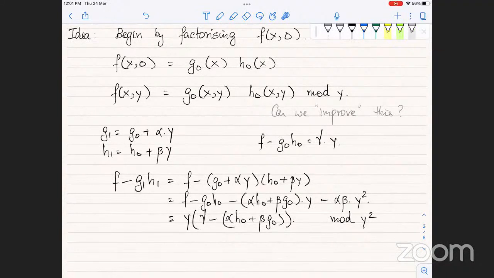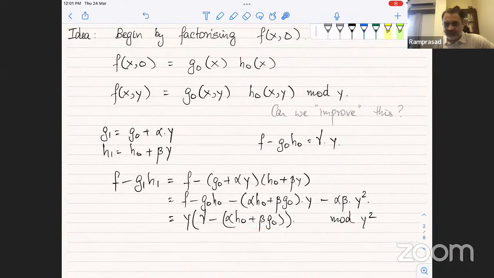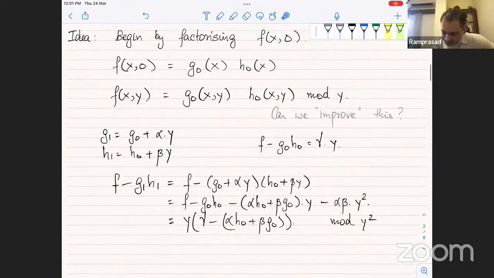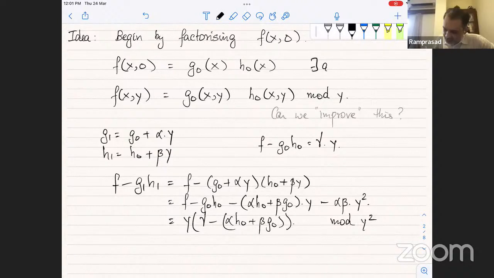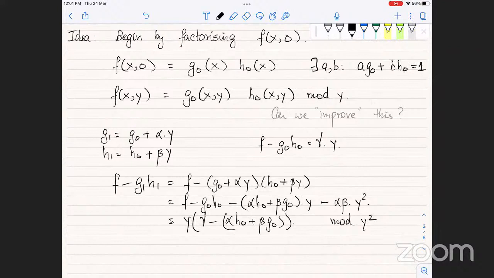So what is one way in which I can assume this? Suppose it were the case that g0 and h0 were co-prime. Then there exist some a and b such that a g0 plus b h0 is equal to 1.